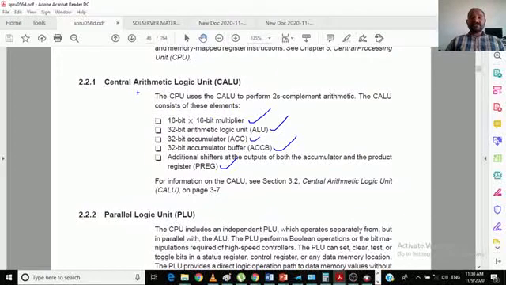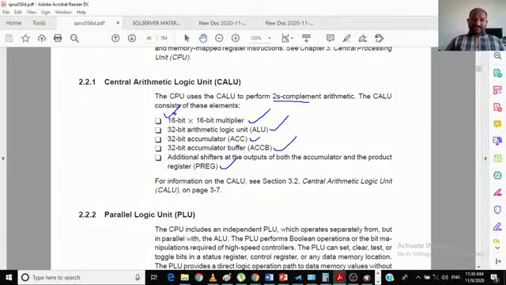What kind of multiplication is this block able to perform? 16-bit multiplication, and the numbers used are represented in the 2's complement form. When you multiply two numbers, one of the operands is the multiplicand and the other is the multiplier.